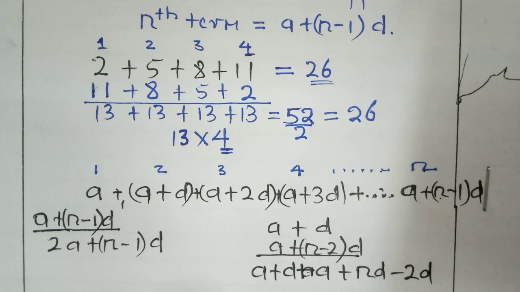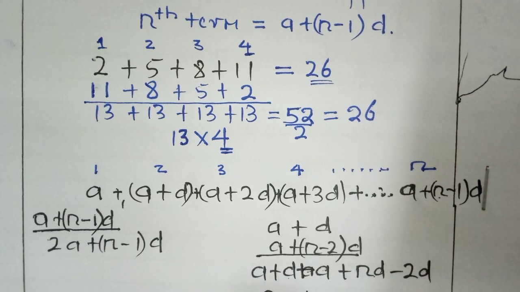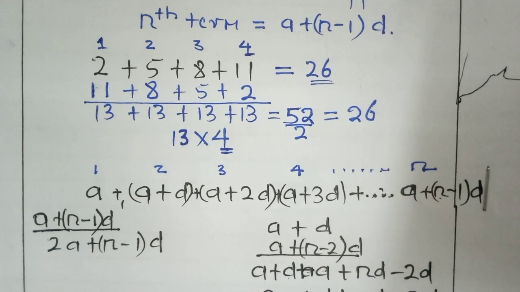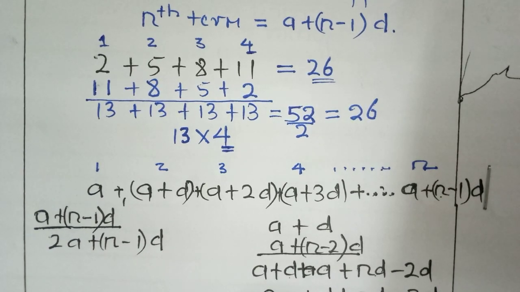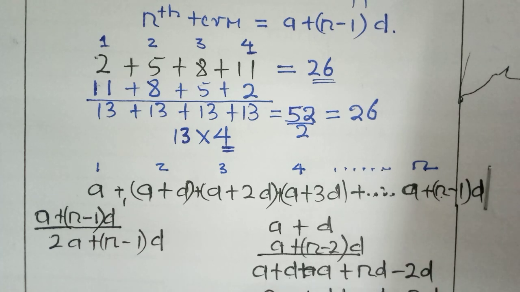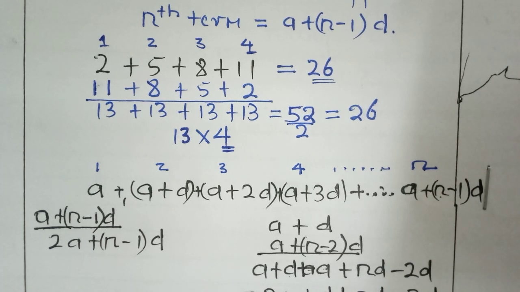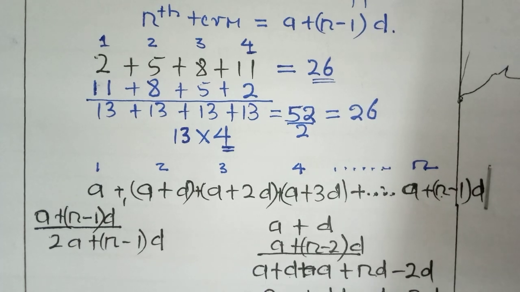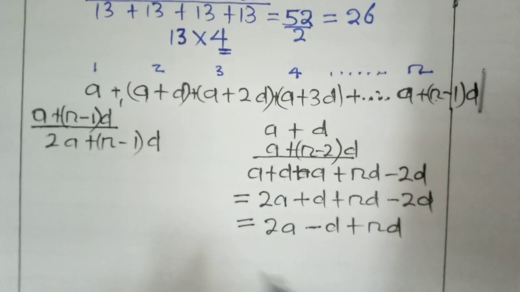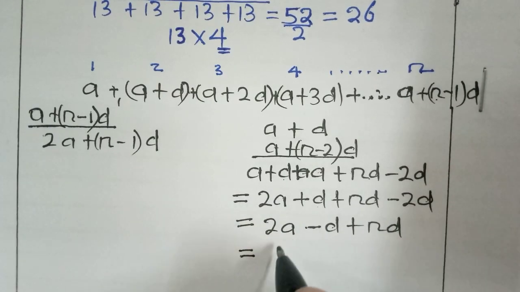So finally here we shall have a plus a is 2a. Here we have plus d plus nd minus 2d. So finally we have 2a. For d, it is going to be plus d minus 2d, so we shall have minus d, then plus nd, like that. So guys, we can now factor out.